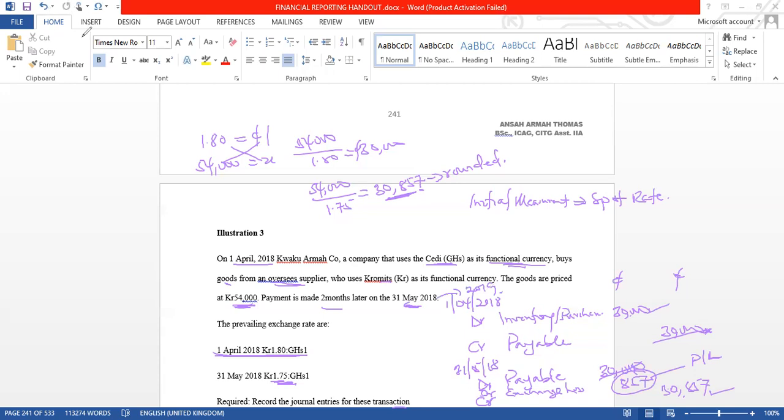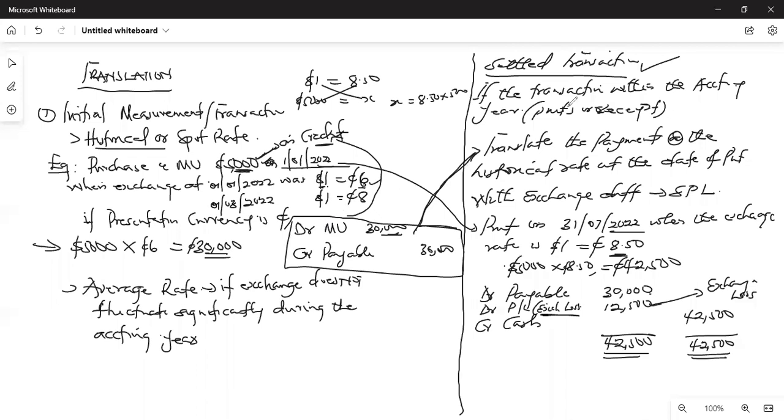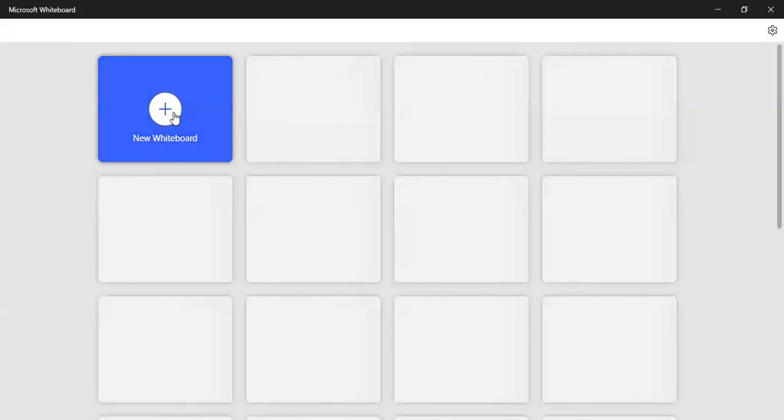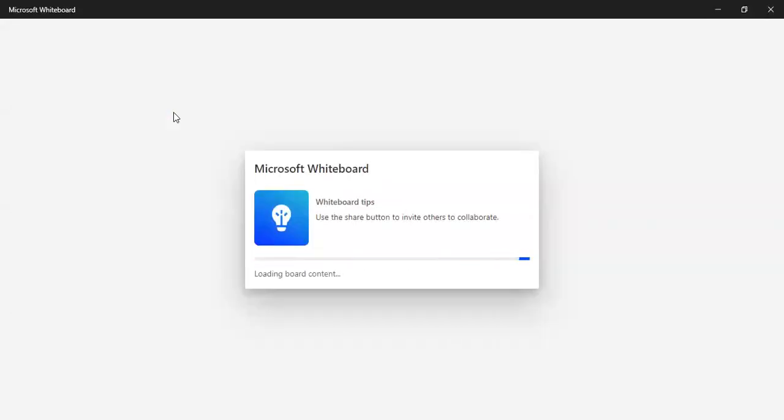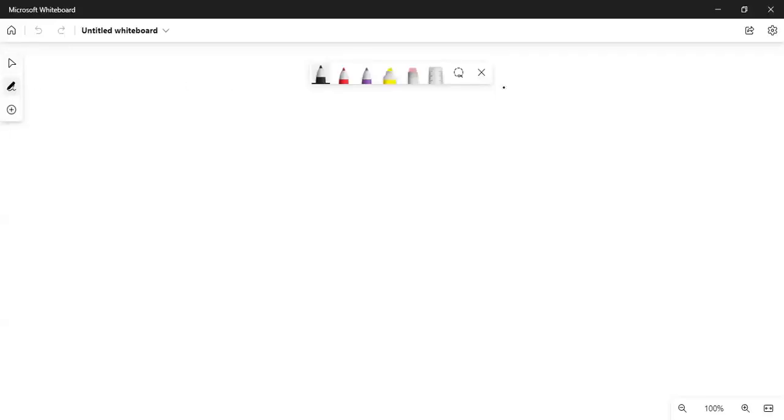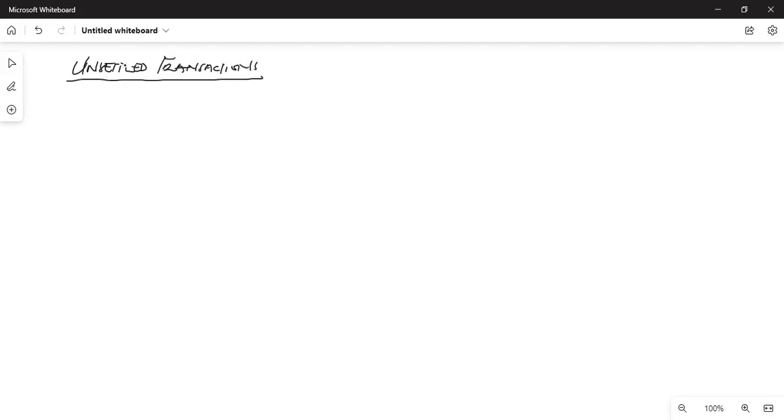So let's go to unsettled transactions. Now, if a debt or something is seated in the books that is not settled, how are we going to look at it?